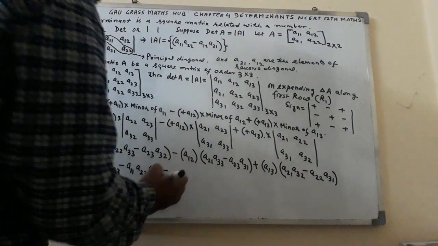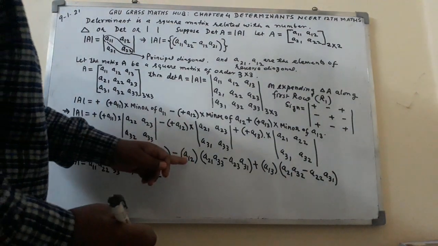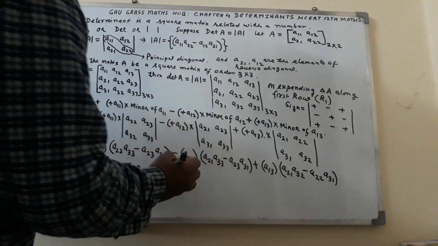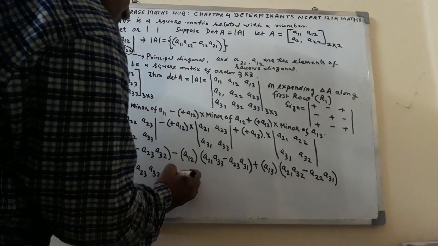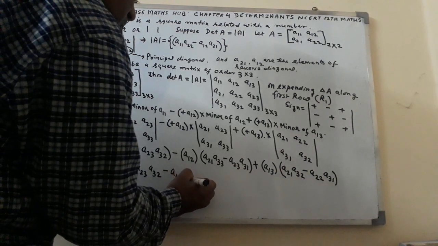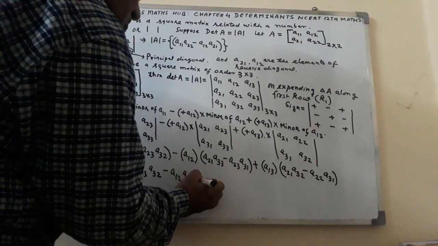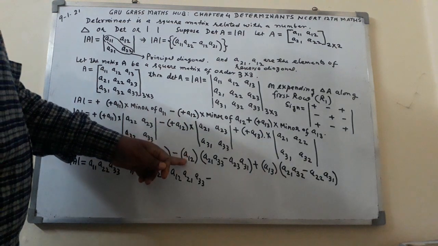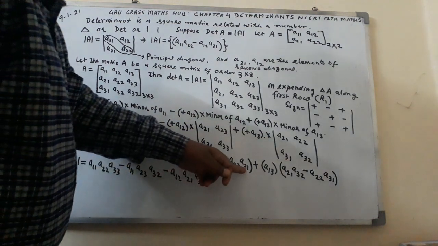minus A12 will get multiplied to A21, A33. You will get here A12, A21, A33 minus A12 will also get multiplied to A23, A31.